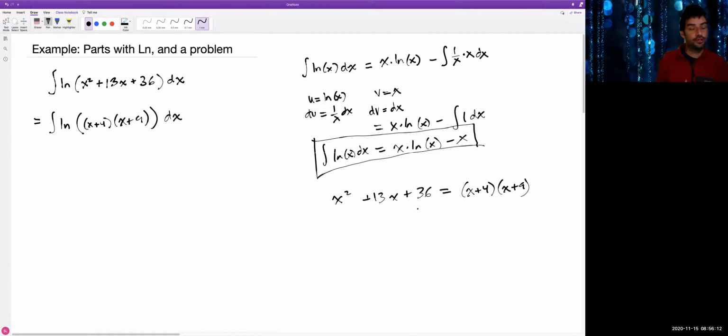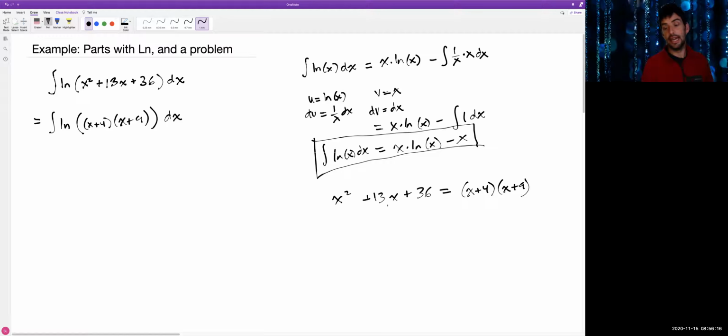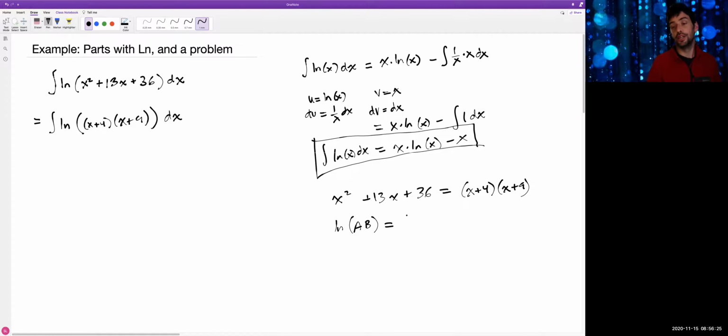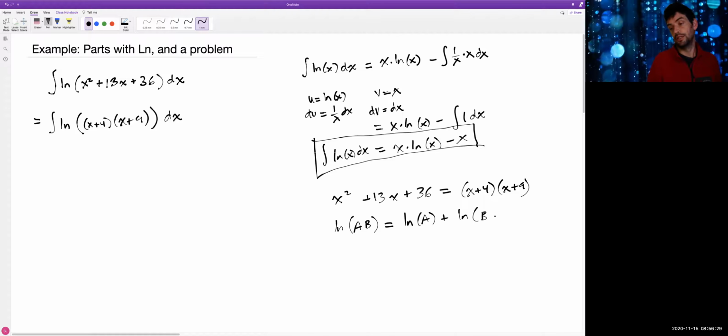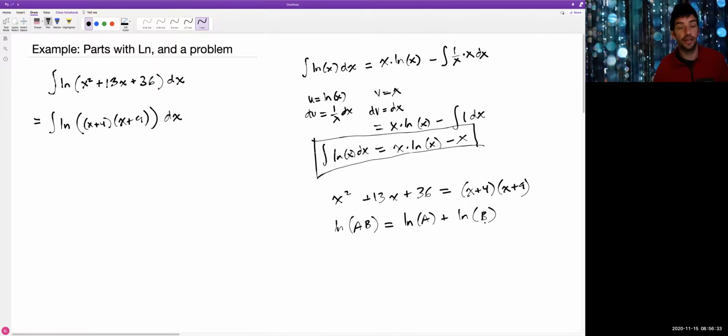Now I'm looking at a natural log, and it's got these two factors, and I'm going to try a natural log property. Again, I'm just using something I know to be true and seeing if something nice comes out of it. We have this rule of natural logs: natural log of A times B equals natural log of A plus natural log of B, okay?